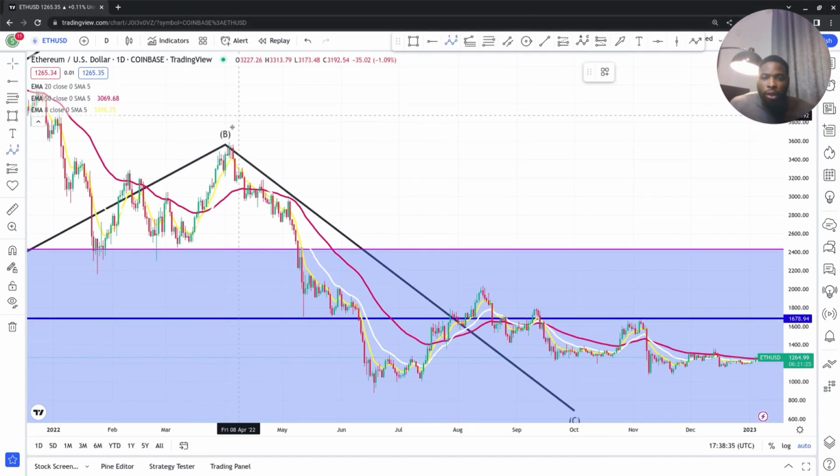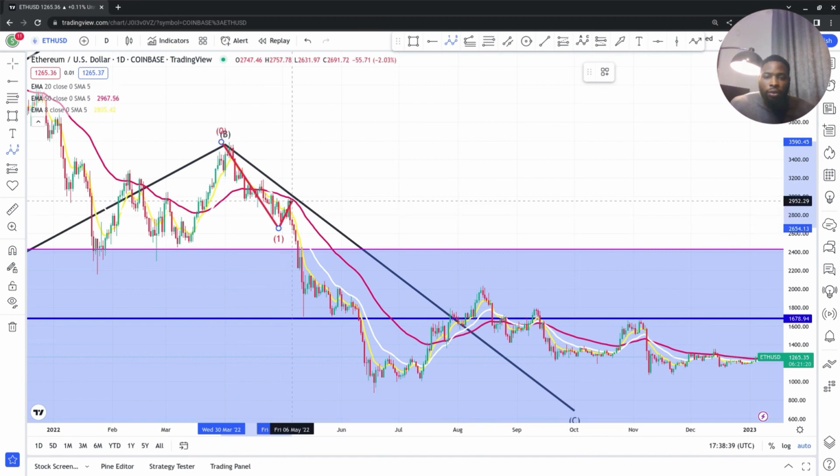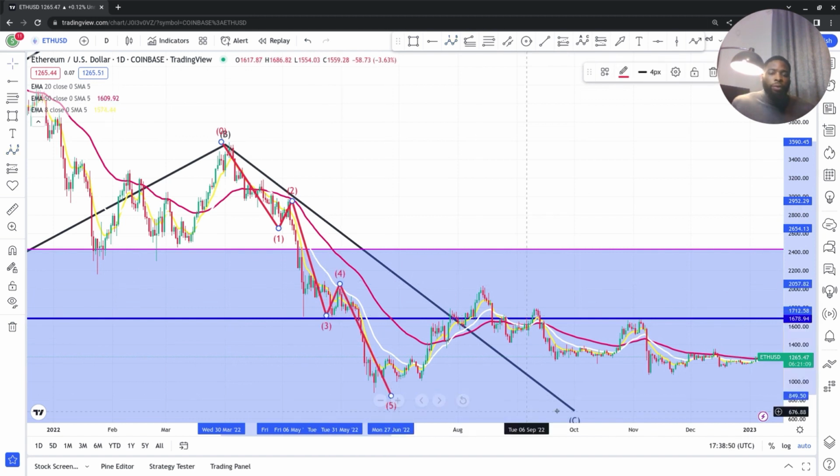So already I could see this, the first wave, second wave, third wave, fourth wave, and the fifth wave.